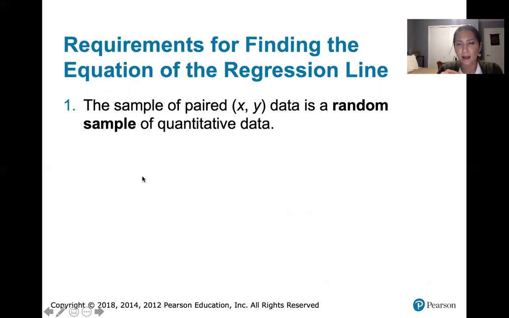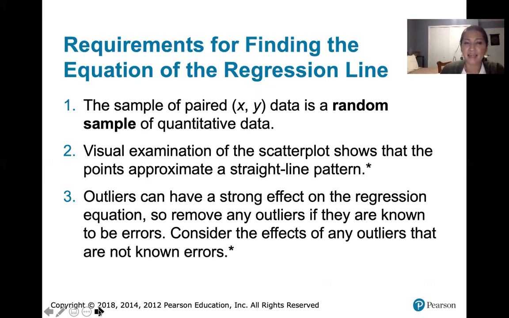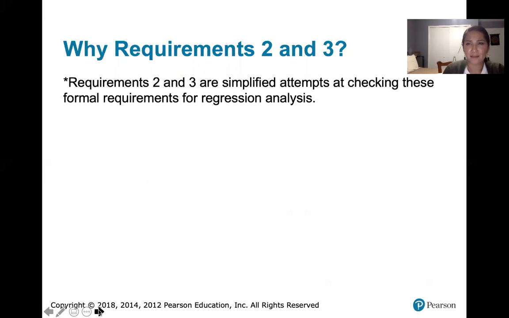First, our sample of paired data has to be a random sample of quantitative data. And then we said the next two requirements need to be satisfied. Visual examination of the scatter plot should show that the points are approximately in a straight line pattern, and any outliers that are known to be errors should be removed. And we said that those last two requirements were really our very informal way of trying to satisfy these formal requirements.